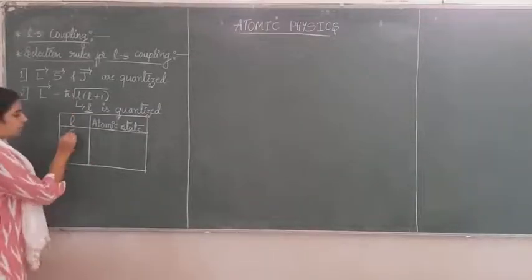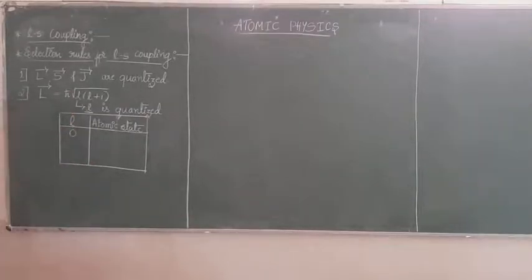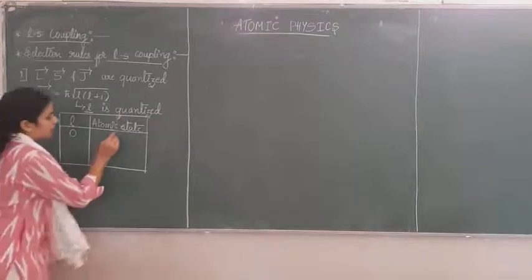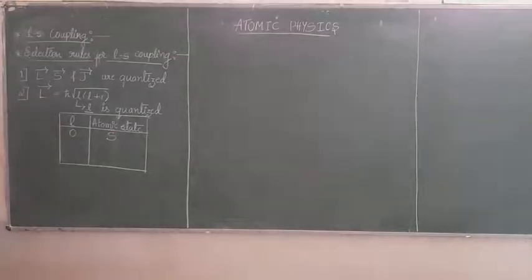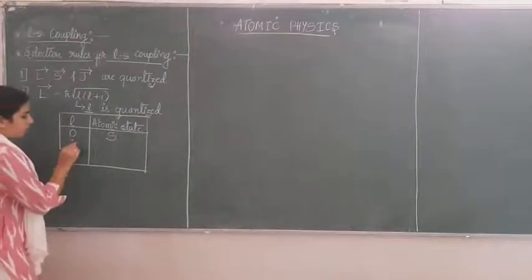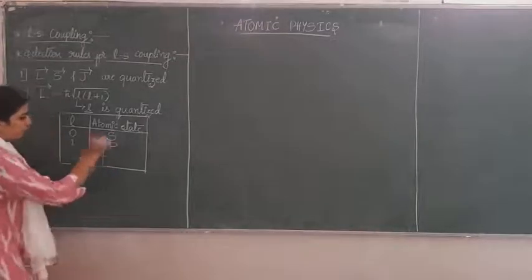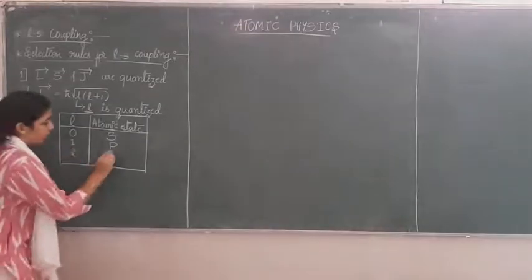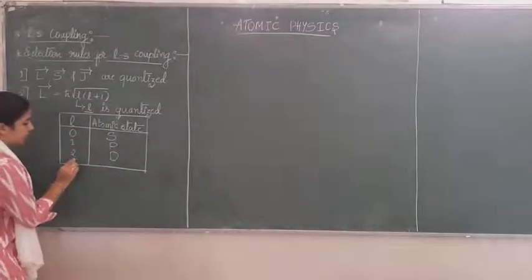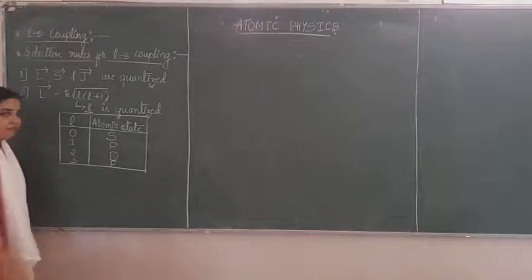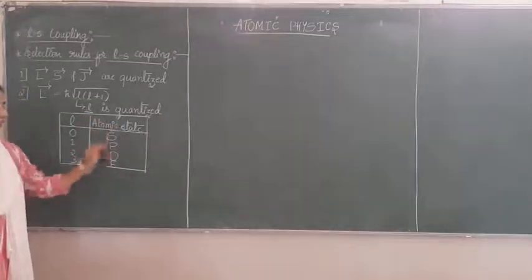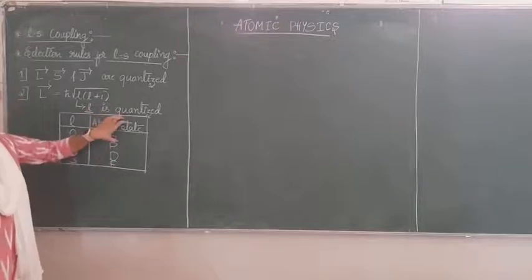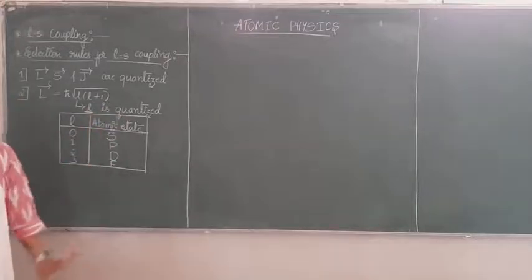If the value of L is 0, the atom is said to be in the S state, capital S. If it is 1, it will be P state, 2 it will be D state, 3 it will be F state. For an electron, these states are in small letters. For the entire atom, it will be in capital letters.